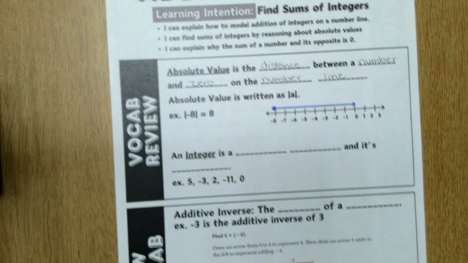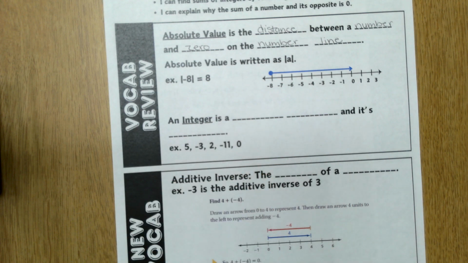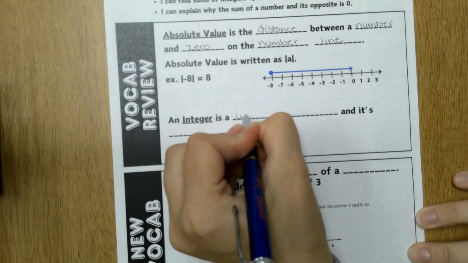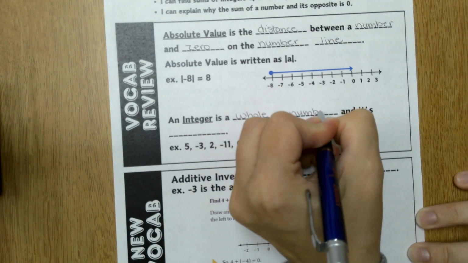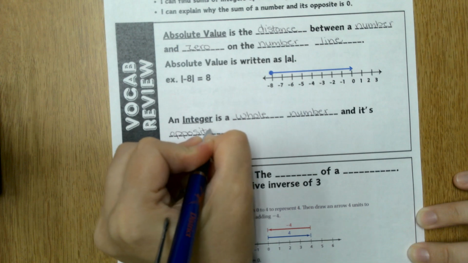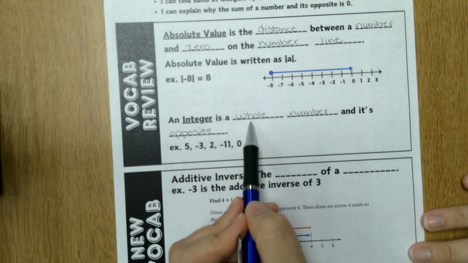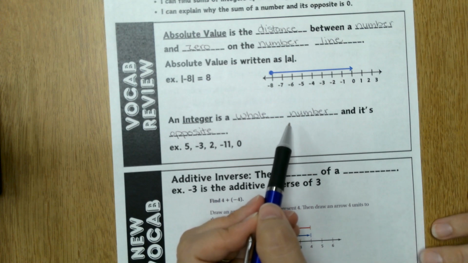Okay, so an integer, remember we were struggling a little bit on integers, but an integer is a whole number and its opposite. So something important to remember, it is a whole number, so it cannot be a fraction, it cannot be a decimal, it has to be a whole number.